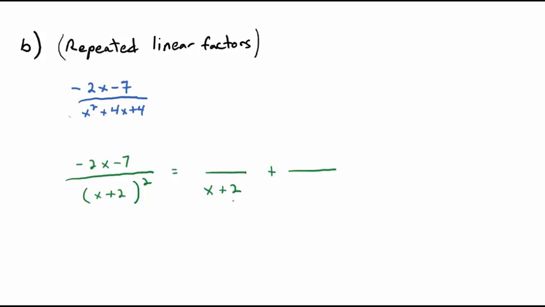Do you guys see why? Yeah, because obviously you have to have a denominator of (x plus 2) squared in one of your denominators in the decomposition, right? For the LCD to be that denominator on the left side. Remember, the denominator on the left side is always going to be your LCD.